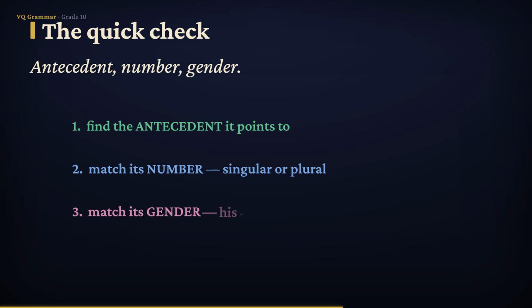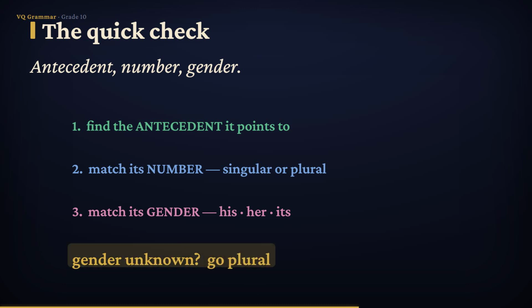Step 3. Match its gender. He, him, and his for masculine, she, her, and hers for feminine, it and its for a thing. And when the gender is unknown or the antecedent could be anyone, remember the escape hatch. Make the whole thing plural, and their does the job for everybody.